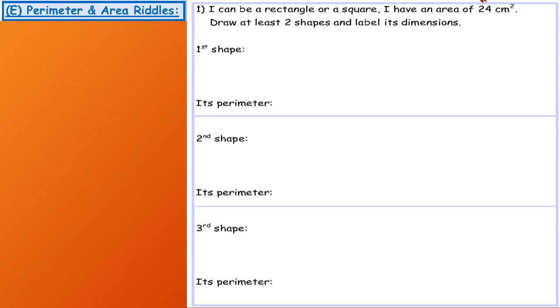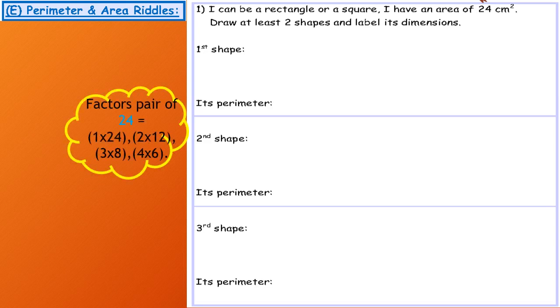I want 3 shapes, rectangle or square, with area 24 centimeters square. First, we have to know the factor pairs of 24: 1 by 24, 2 by 12, 3 by 8, 4 by 6. All of these are the factors of 24.